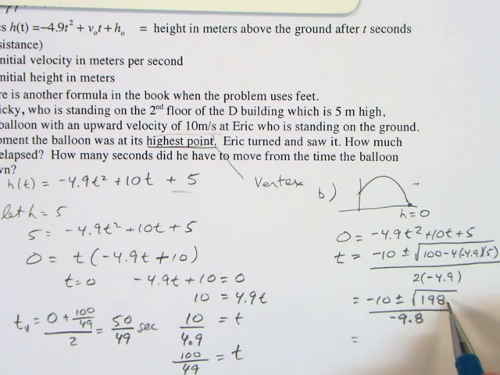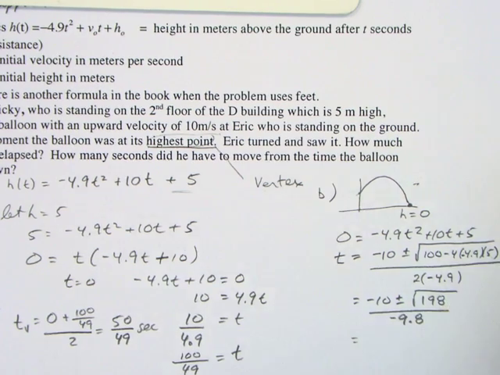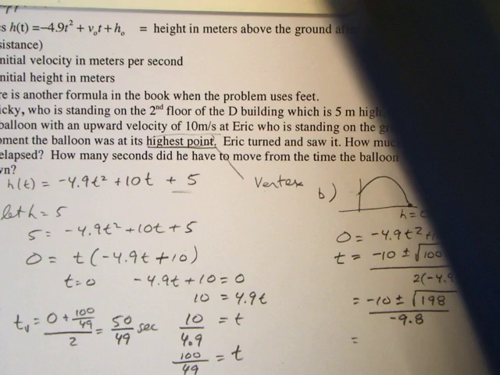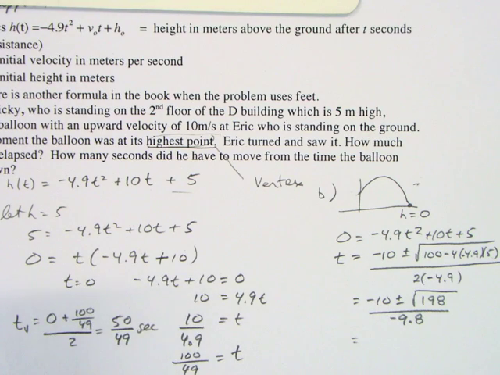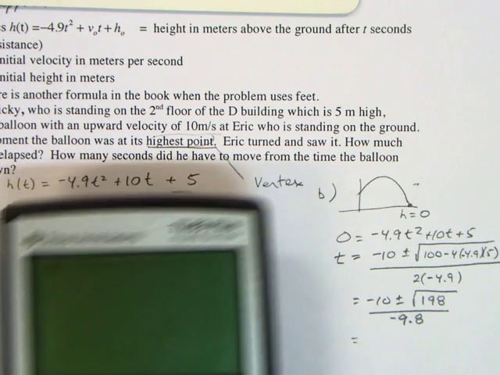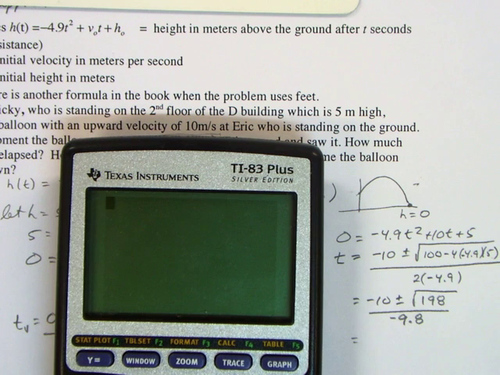Now that's not going to be a nice number. Take out your calculator and just type it in. So we'll have negative 10 plus the square root of 198 divided by negative 9.8.